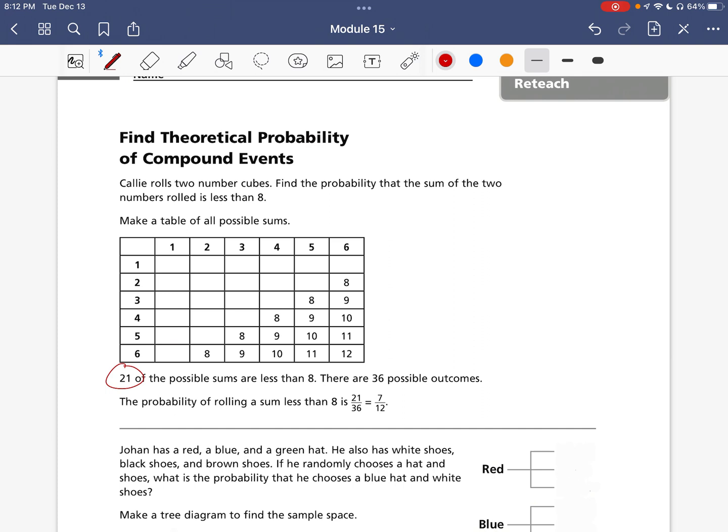So the probability of rolling a sum, so adding numbers together, less than 8 is going to be this 21 out of the 36. Once you simplify that, 3 goes into both of those, and you'll get 7/12.